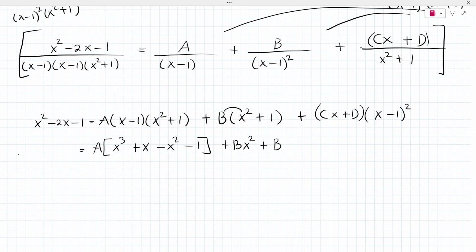Yikes, this one is a big mess. You would have to FOIL out (x minus 1) squared, which is really x squared minus 2x plus 1. And then you have to FOIL out the Cx plus D. I'm going to do that for you. So this is going to be Cx cubed minus 2Cx squared plus Cx.